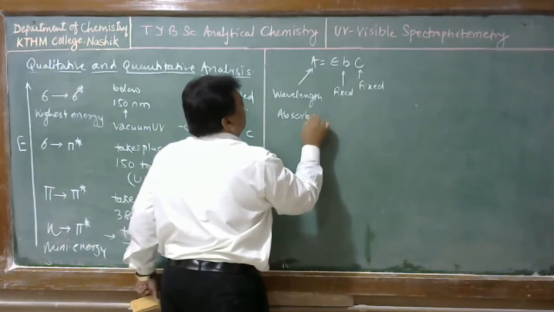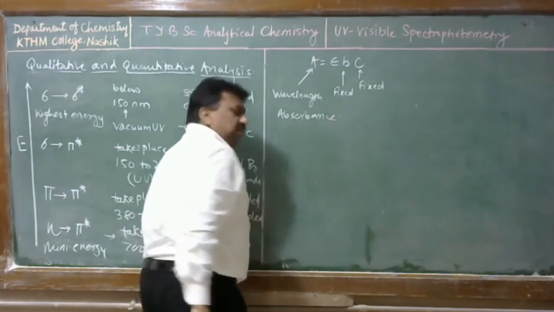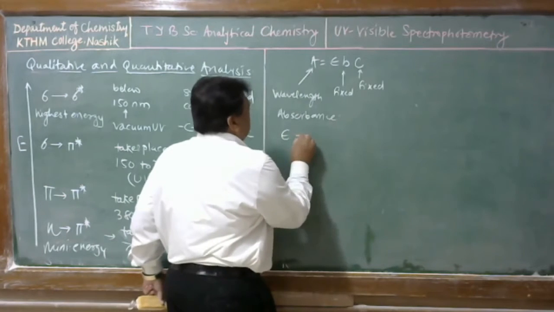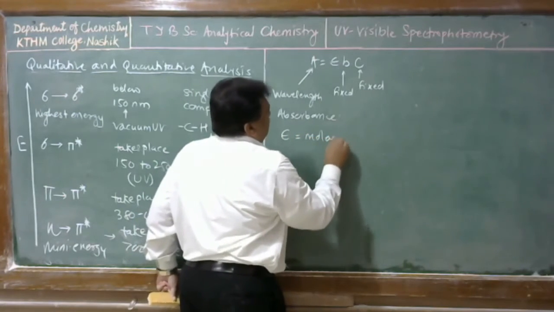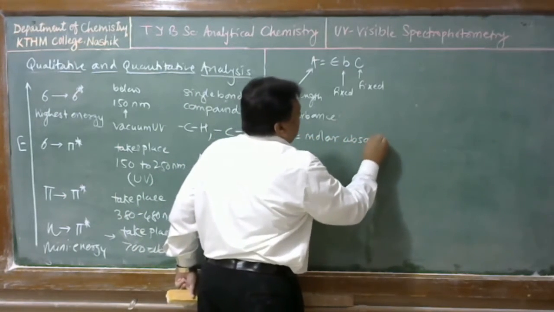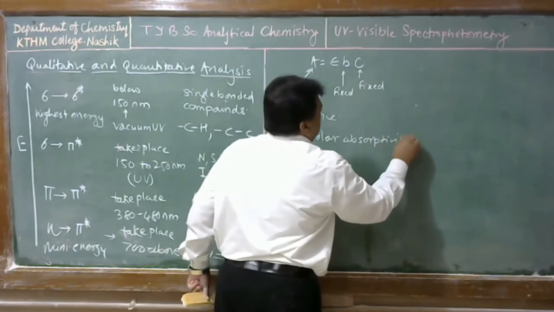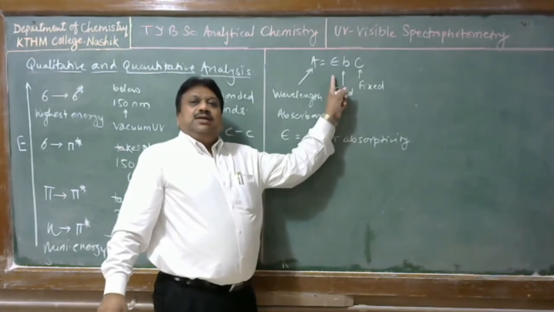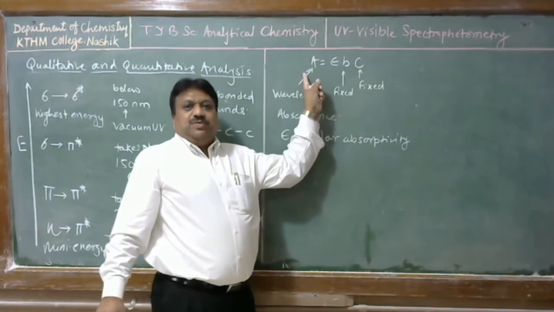That means epsilon, which is called molar absorptivity, is different at different wavelengths. Therefore, the value of molar absorptivity determines the value of absorbance.